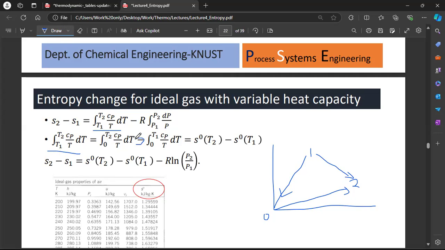So here, the negative means that even though we are looking at the integral from 0 to T1, we are actually moving from T1 to 0. So that's the same as moving from point 1 to point 0. Then we can move from point 0 to point 2. So that's what we see from this part here, the integral from 0 to T2.